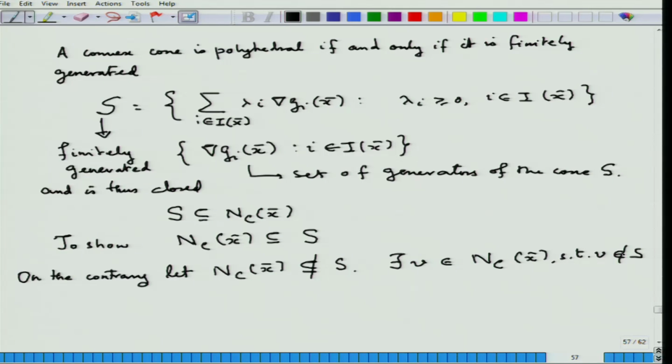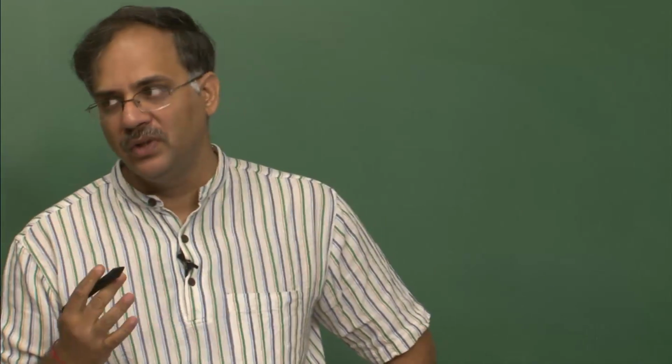We have proved that S is a closed convex cone and hence a closed convex set, and thus it is important for us to go back and look at the separation theorems that we have learned, and now we are going to apply them.